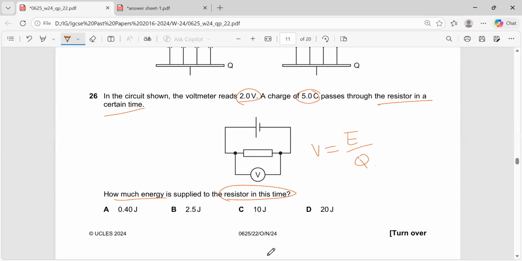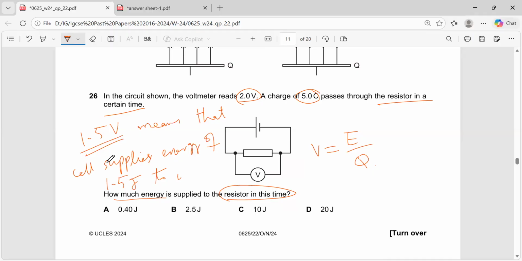Whenever a question is there in MCQs, which is more common, my dear friends, it is: what does it mean by 1.5 volt? 1.5 volt means that the cell supplies or transfers energy of 1.5 joules to unit charge, to 1 coulomb.